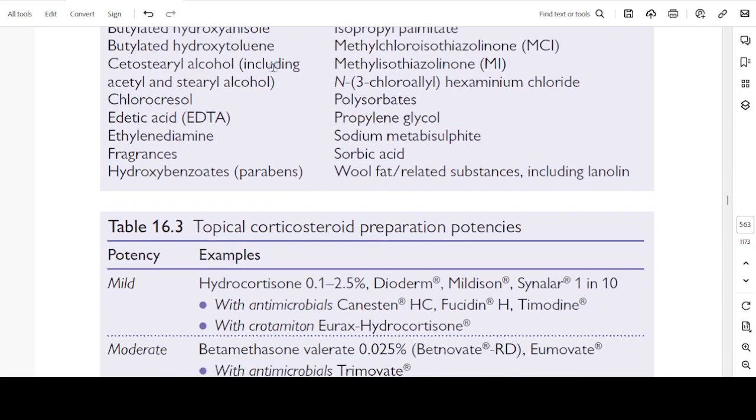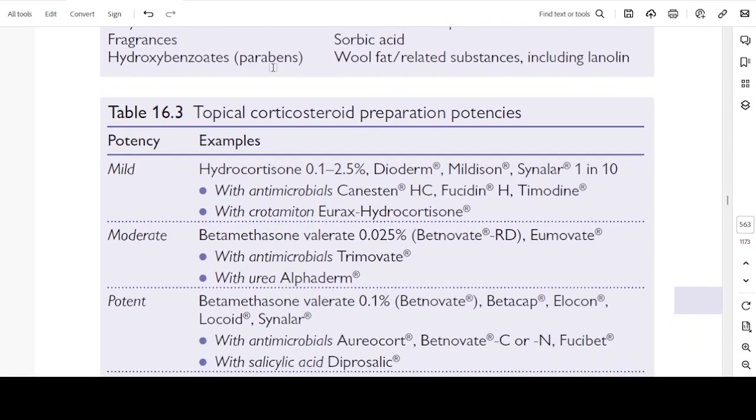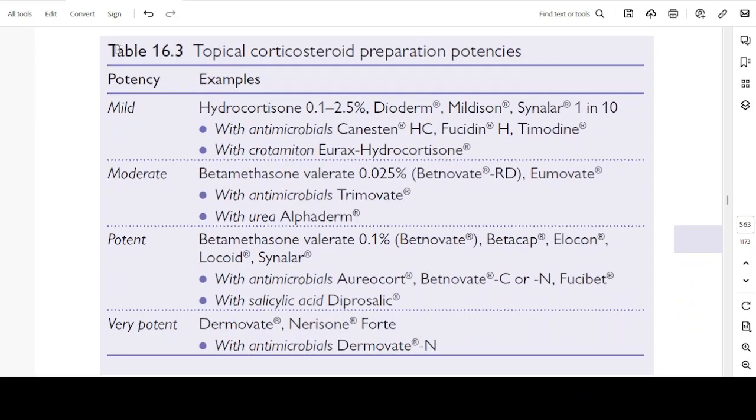Topical corticosteroid preparation potencies. So this one is a very important table, doctors. The potency of topical corticosteroids. So mild potent steroids, you have to remember this because it has been asked in various manners in the exam.